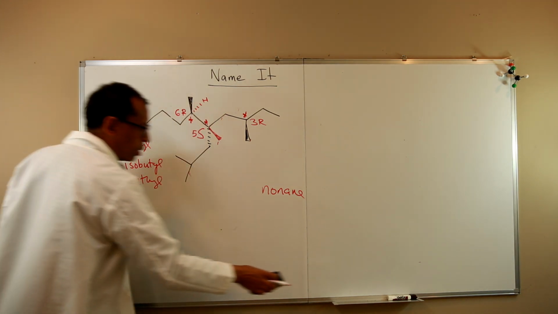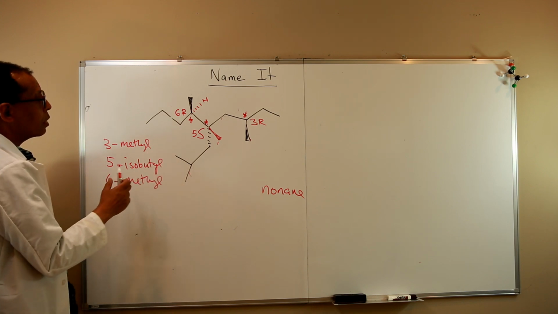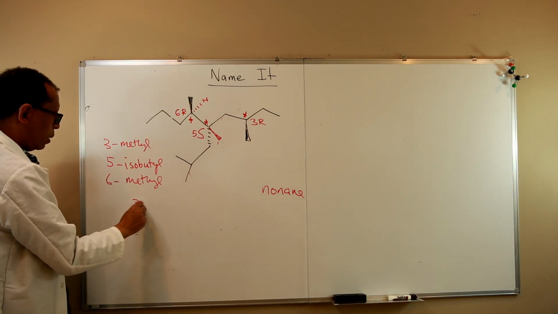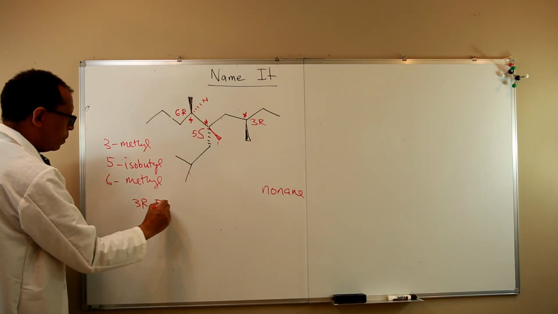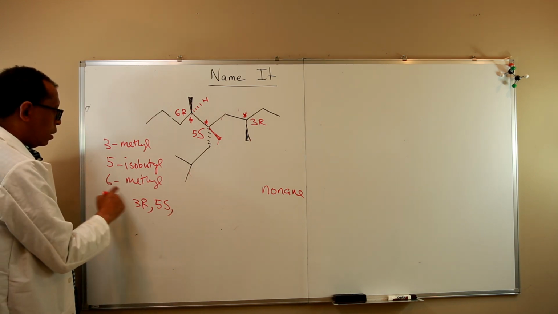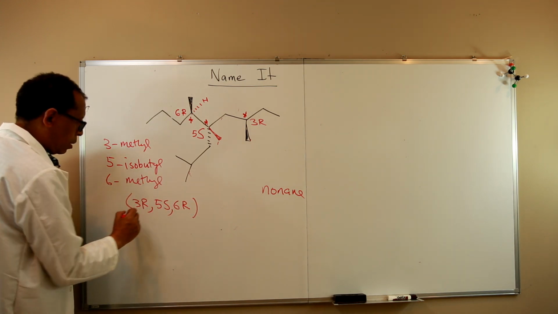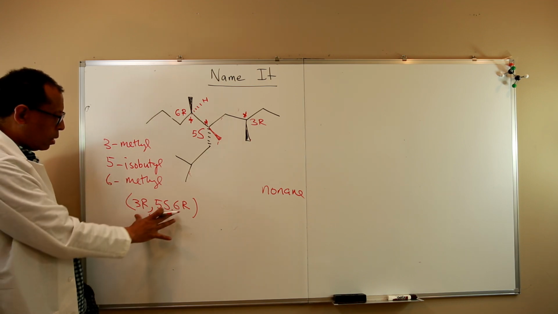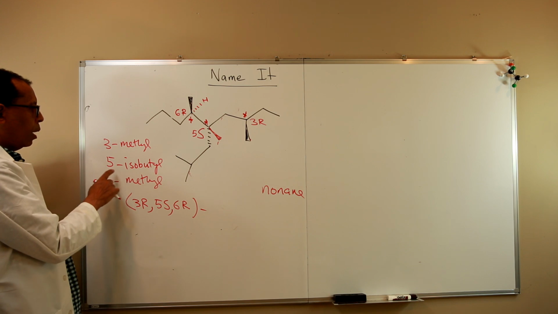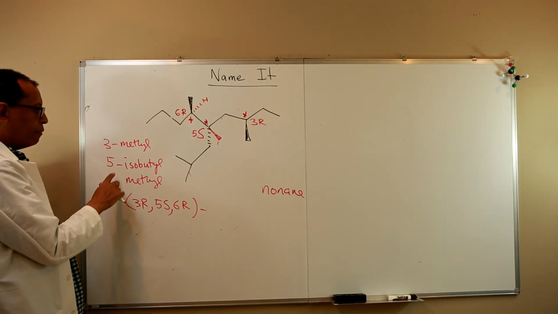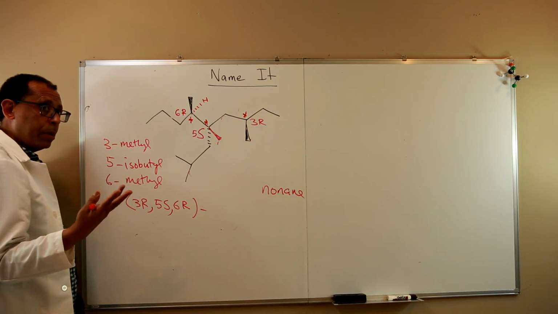Now it's just a matter of writing the whole thing. So now we will start from 3R, comma, 5S, comma, 6R in the parentheses. These are 3 stereogenic centers in the parentheses. Now I start naming. So the first thing you have to write is not the methyl, you go by alphabet, right?